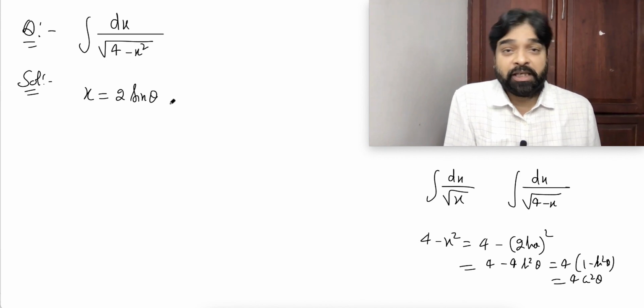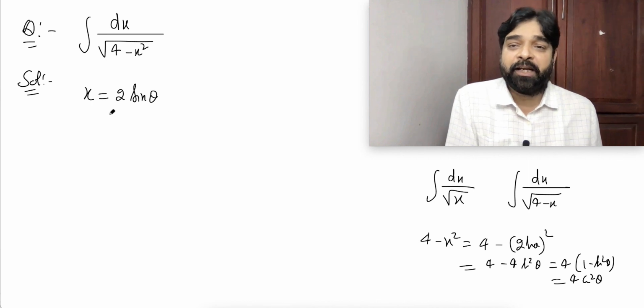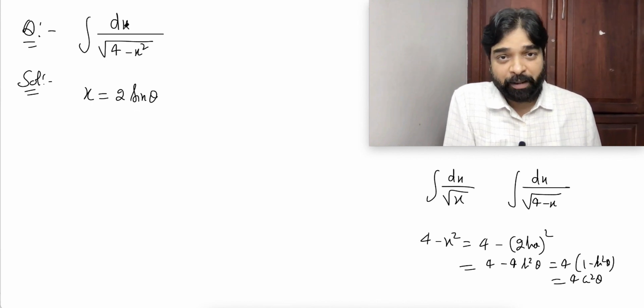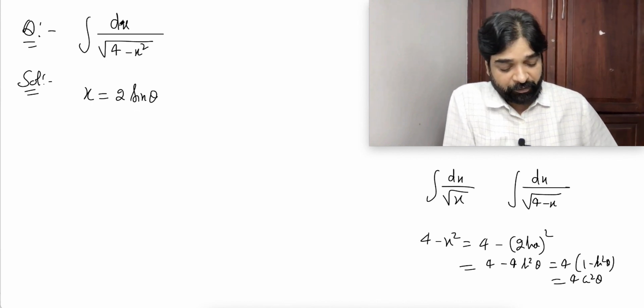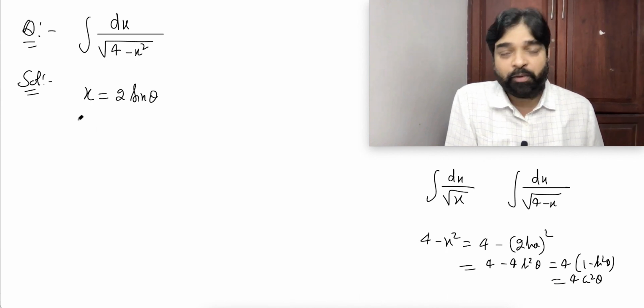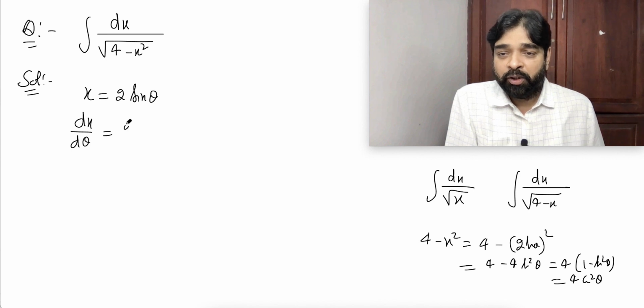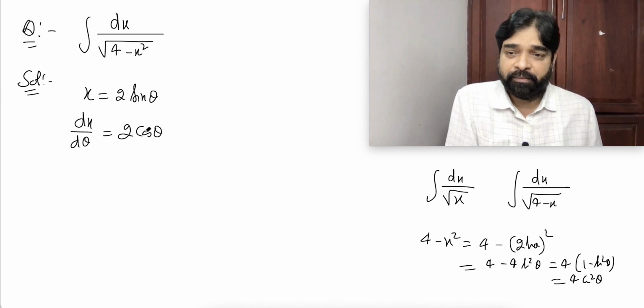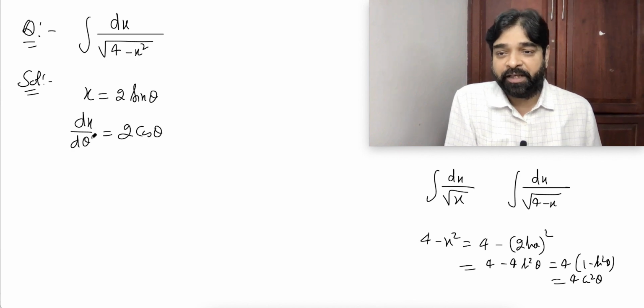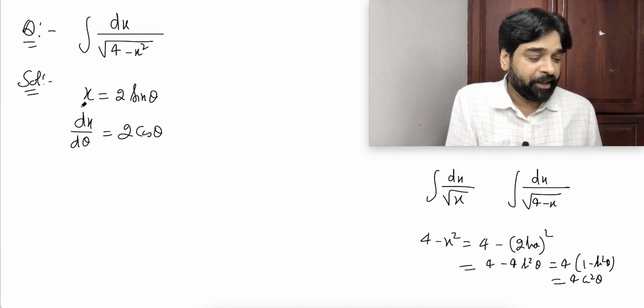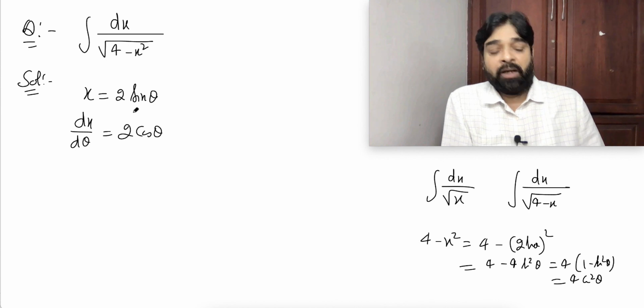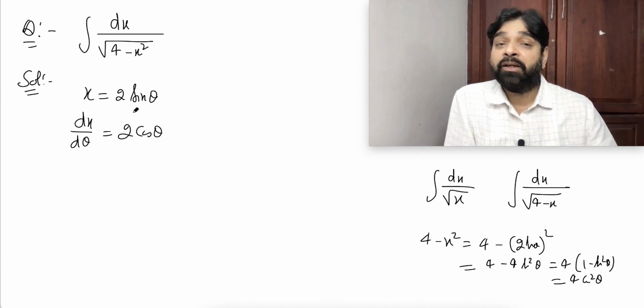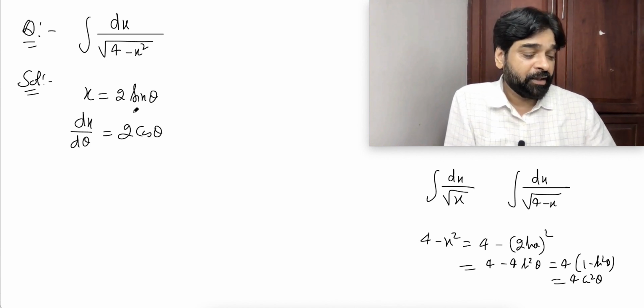As you know, since we are doing substitution, we will differentiate both sides, because we have to get the dx value also. We differentiate both sides with respect to theta. So dx by d theta will be equal to 2 cos theta, since the differentiation of sine theta is cos theta. Simple, straightforward answer.